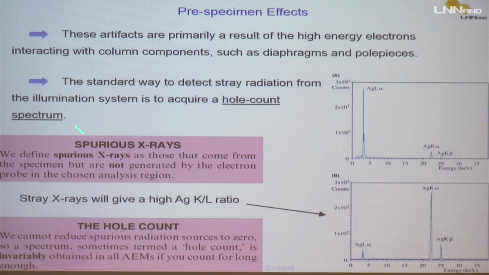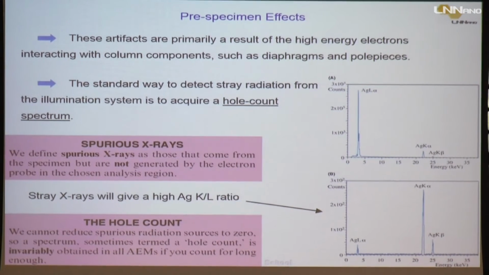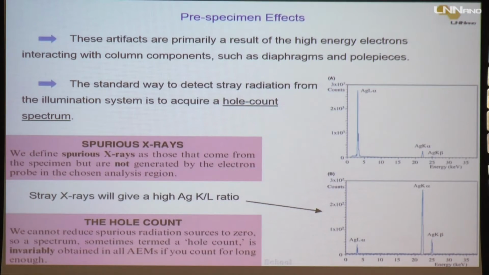In your system, if you pass your beam through the vacuum without hitting your sample, and you detect EDS, you will always measure signal, okay? You measure signal from copper, you get signal from chromium, iron. They are all from the instrument, okay?